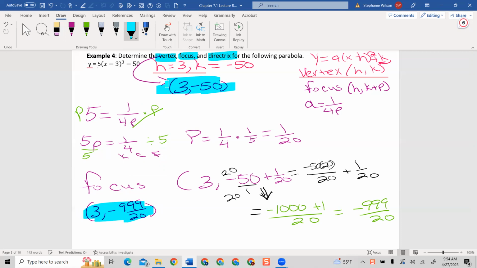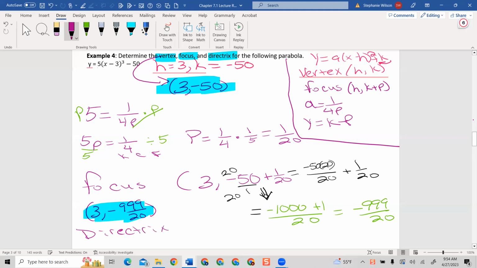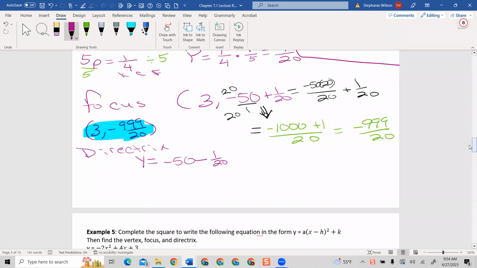Now let's find our directrix. So when we're solving for our directrix, that formula is going to be y equals k minus p. So I have y is equal to, and my k is negative 50 minus the 1/20. So let's solve for it.